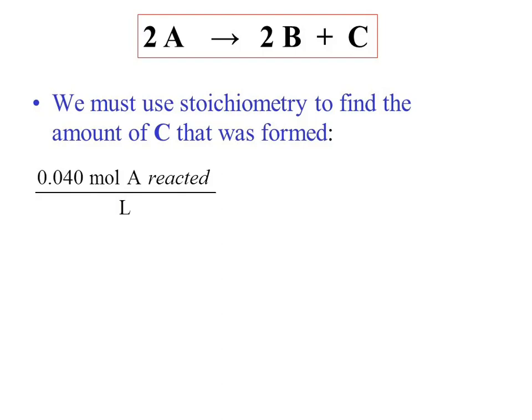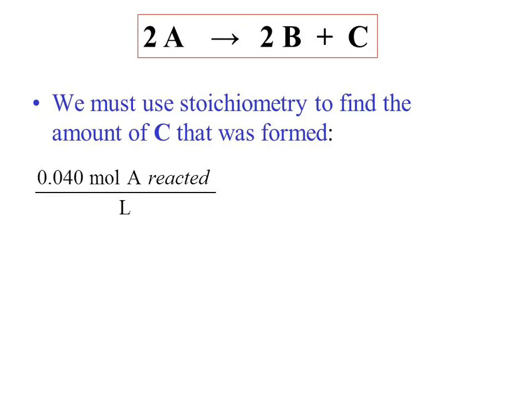Do you buy that we had reacted 0.040 moles of A per liter? Do you see where that number came from? That was your change in molar concentration of A.